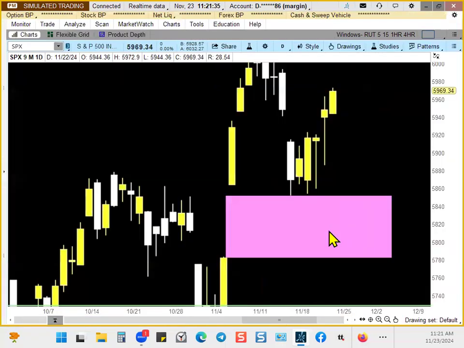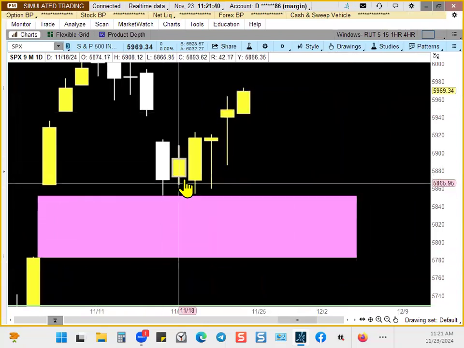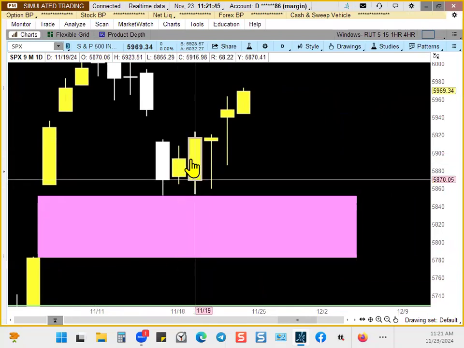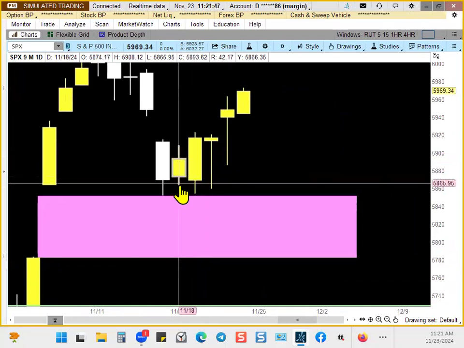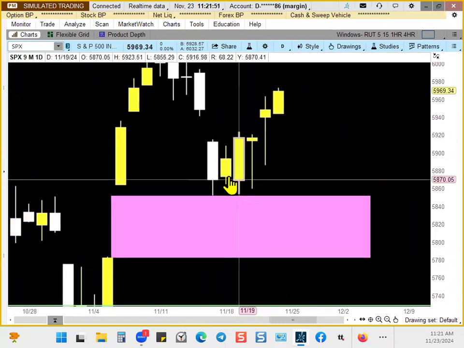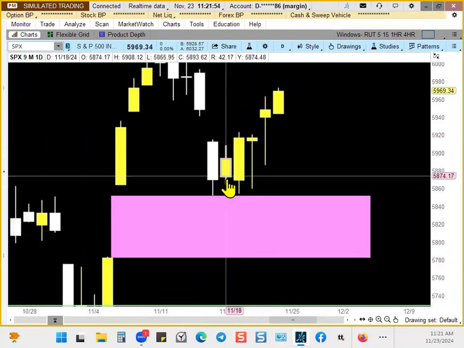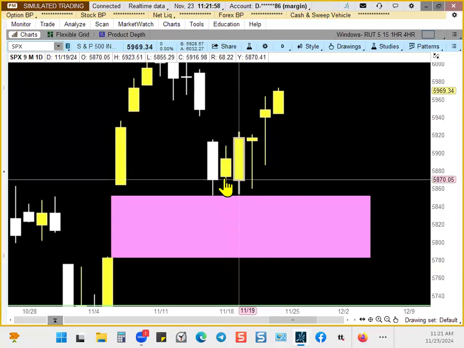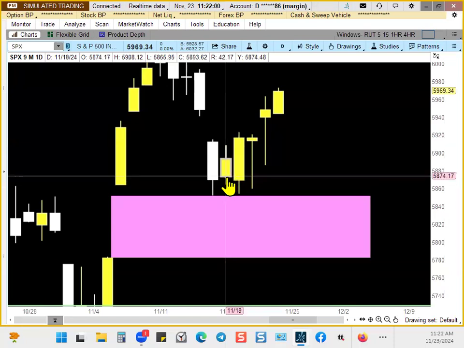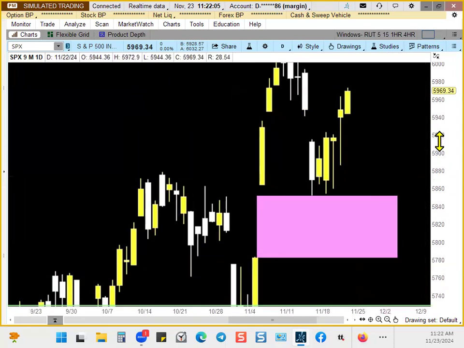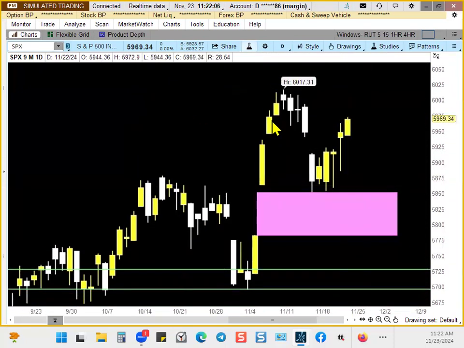I've seen where this candle is engulfing the body of this one, but not including the wick. This body is engulfing the body of that one, not including the wick on this one. And I believe this will be considered an engulfing candle.